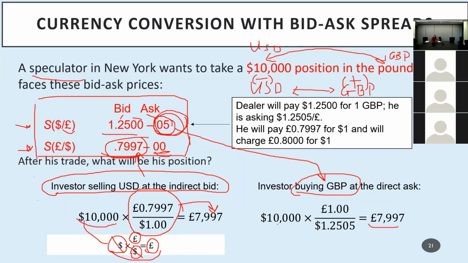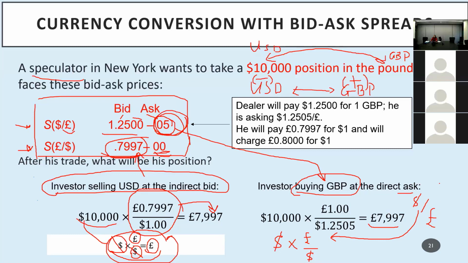Similar to before, we want to think about exchanging currencies in this way. We start with the USD, and if we want to convert it into the pounds, we need to use this exchange rate over here. Unfortunately, because we're looking at the direct ask rate, our exchange rate looks like this. To convert from this to this, we want to take the reciprocal of the direct ask rate.